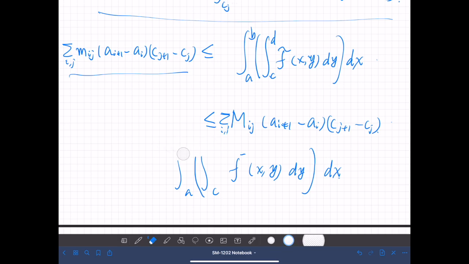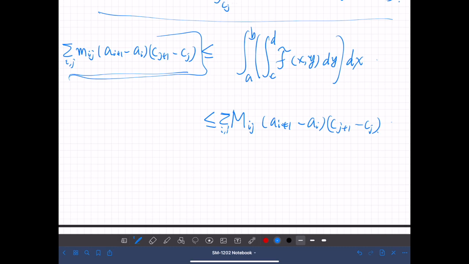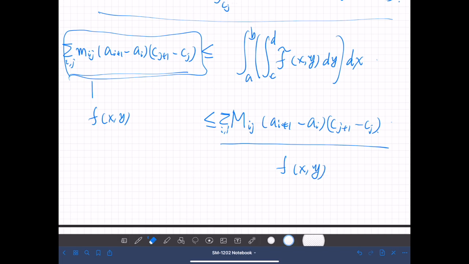Now, if we look at the leftmost side, this term is actually the lower Riemann sum of f of x, y. And the rightmost side is the upper Riemann sum of the same function.